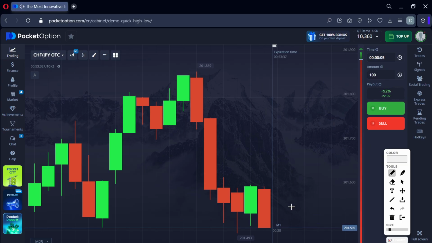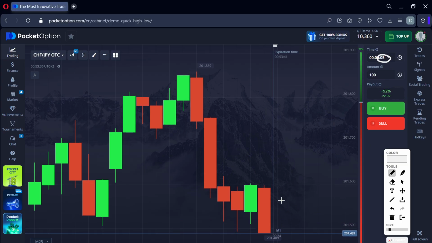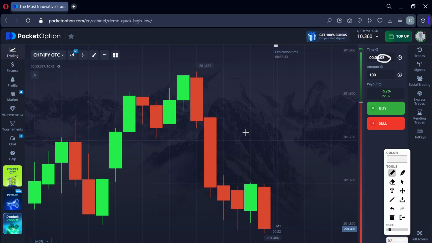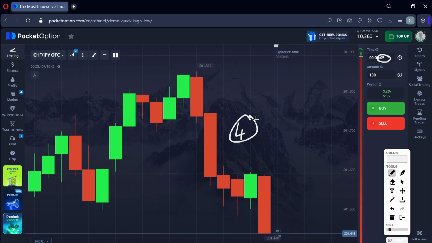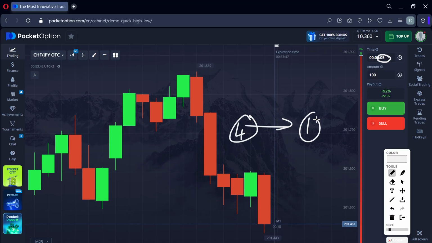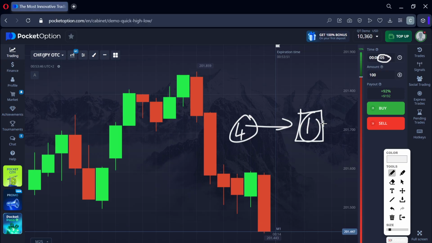Why is that? Because you obviously need to give yourself 5 seconds to place that trade. If you're taking trades when there's like 4 seconds left in the candle, then you're leaving yourself 1 second to trade in the next candle, and you don't even know what the next candle is going to be. So at that point you're gambling.